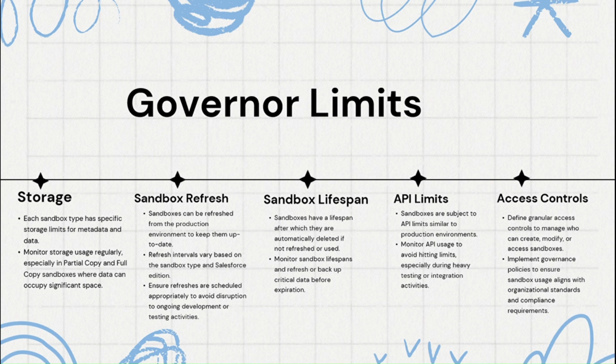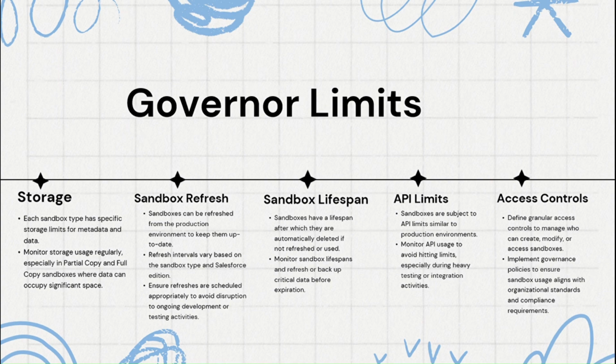One more thing, access controls. Access control means defining granular access controls to manage who can create, who can modify, and who can access sandboxes. Implement governance policies to ensure sandbox usage aligns with organizational standards and compliance requirements. These five are the governor limits for sandboxes.